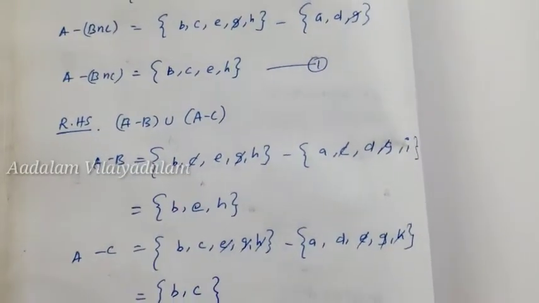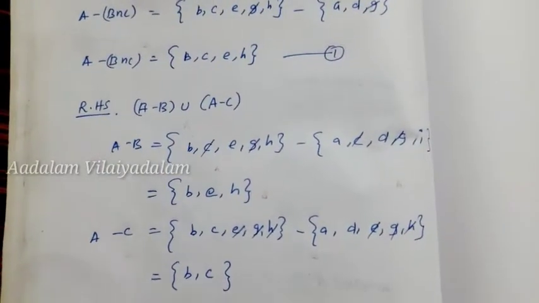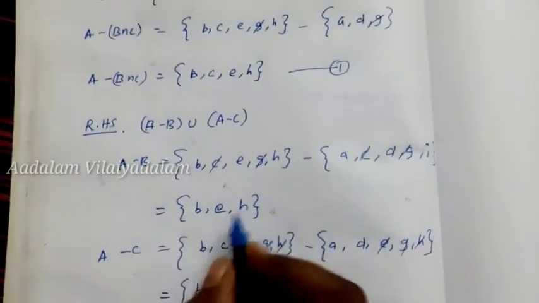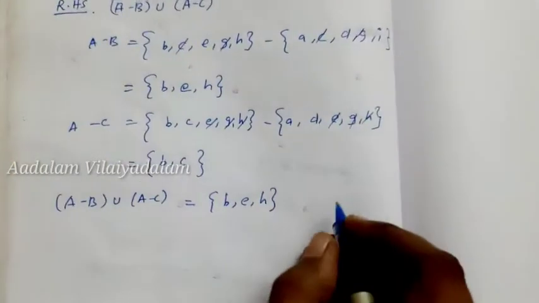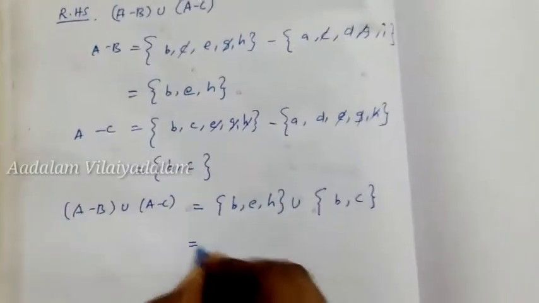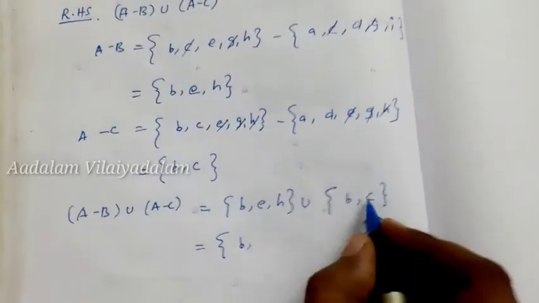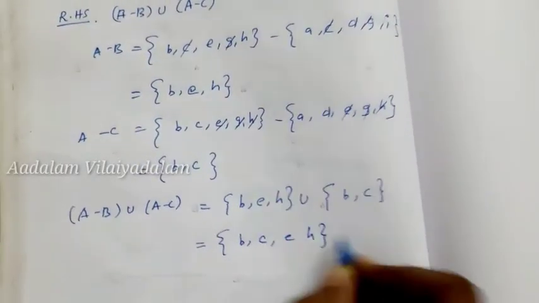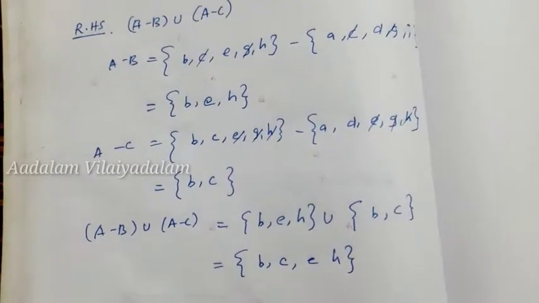Now we need to find A minus B union A minus C. Therefore, A minus B is B, E, H and union A minus C is B and C. Now just join the elements without repetition: B, C, E, H. Now compare the elements of equation 1 and 2.